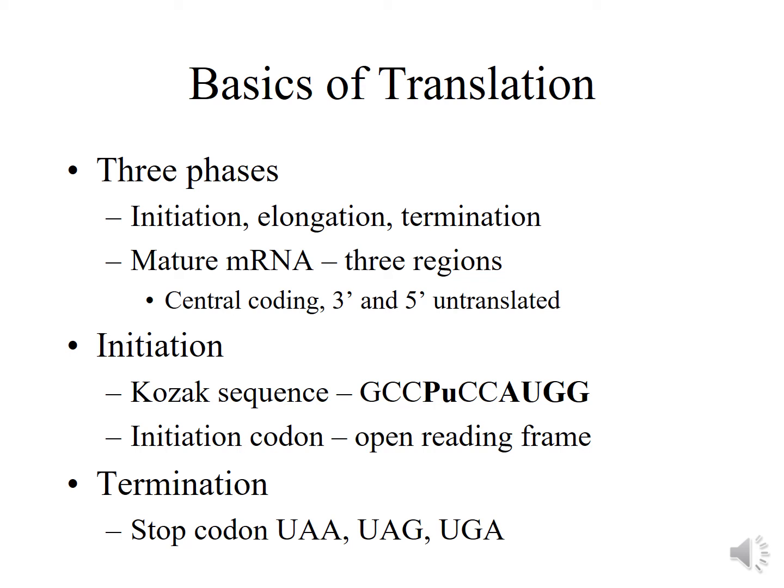And the process of translation terminates when the ribosome encounters a stop codon. So within the mRNA sequence, once the ribosome encounters one of three types of codons, either a UAA, a UAG, or UGA, then the last amino acid will be incorporated at that particular location.